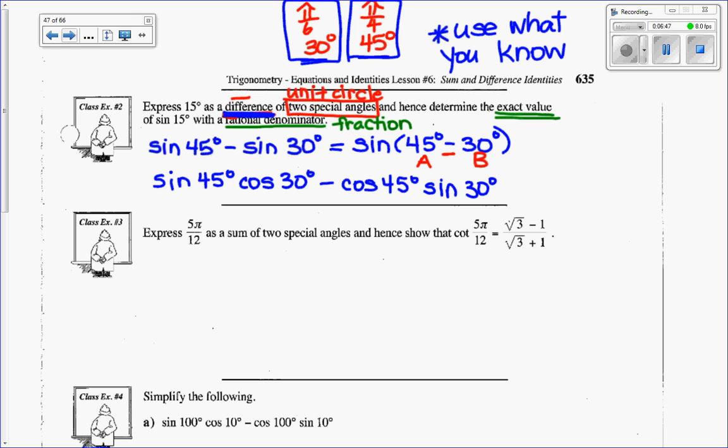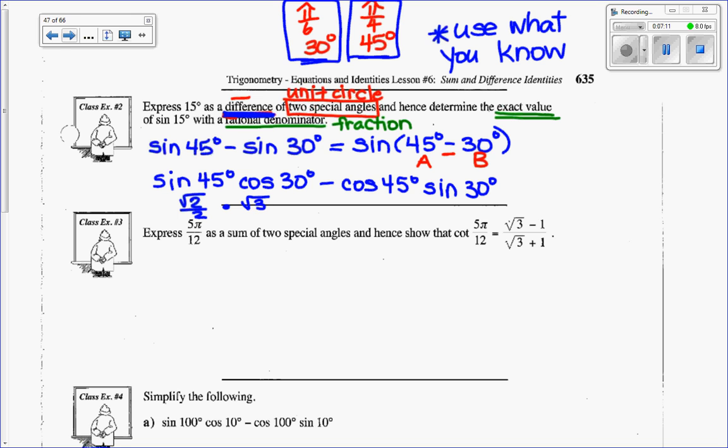Okay? All right, so now we can use what we know. We can use our unit circle. So what is sine 45 degrees? Root 2 over 2. And cos 30 degrees?